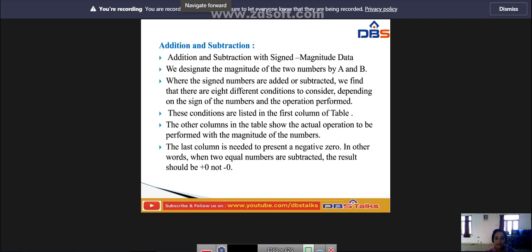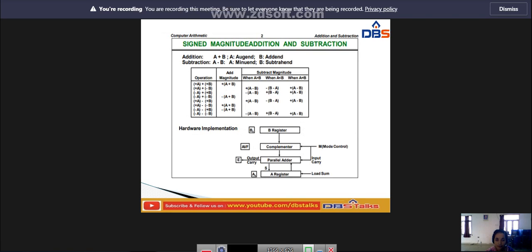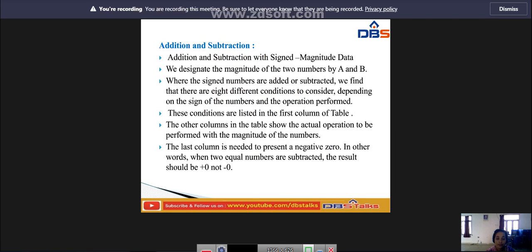So this is the table. We are only using the addition and subtraction symbols, and we find 8 different conditions, depending on the sign of the numbers, for the operations to be performed.